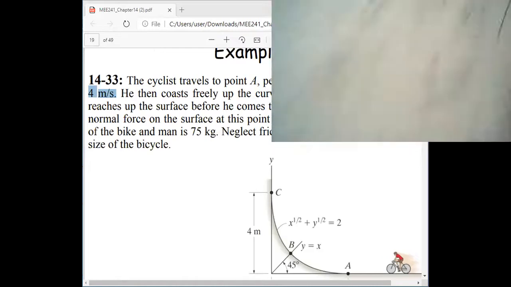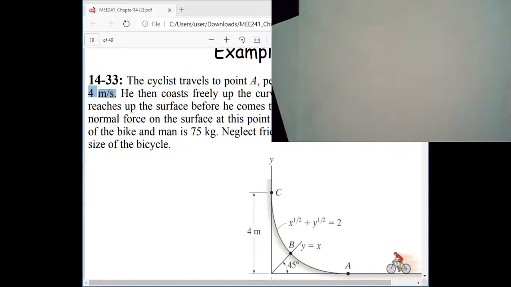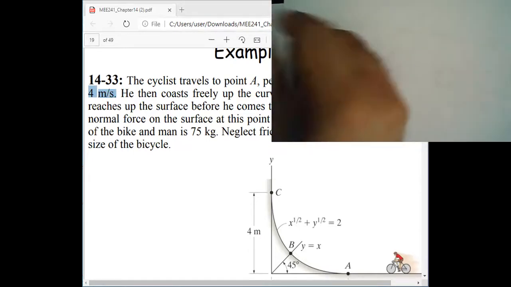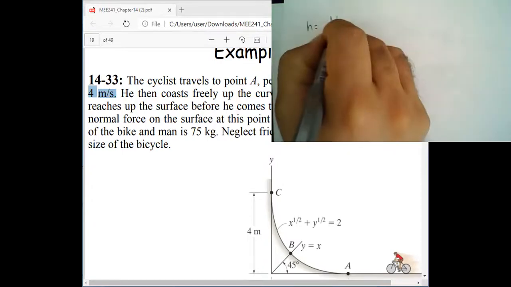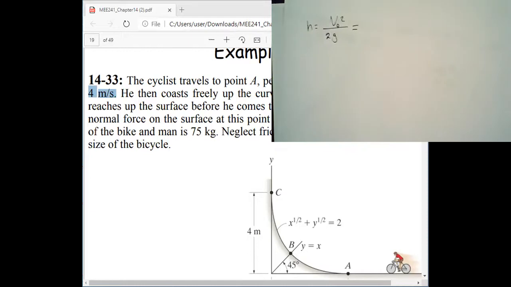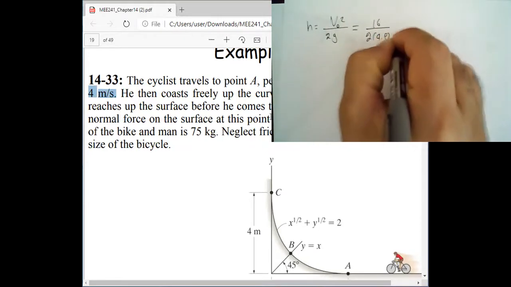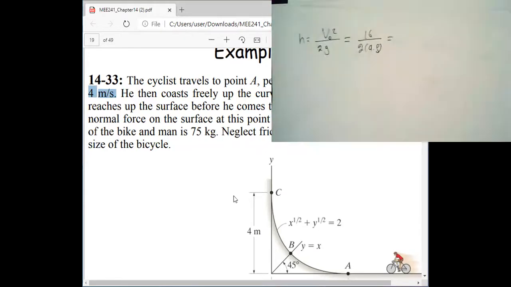And I might as well just do this for you guys. So do it here. So we said h is equal to v0 squared over 2g. What is v0 squared? 4, right? So it's 16 over 2 times 9.8.